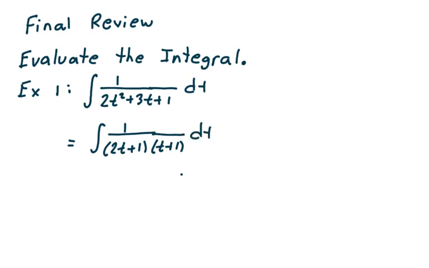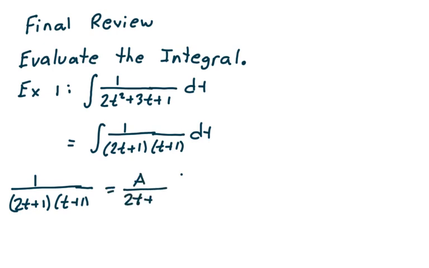So I just factored the denominator. Now 1 over (2t plus 1)(t plus 1) can be written as A over 2t plus 1 plus B over t plus 1.